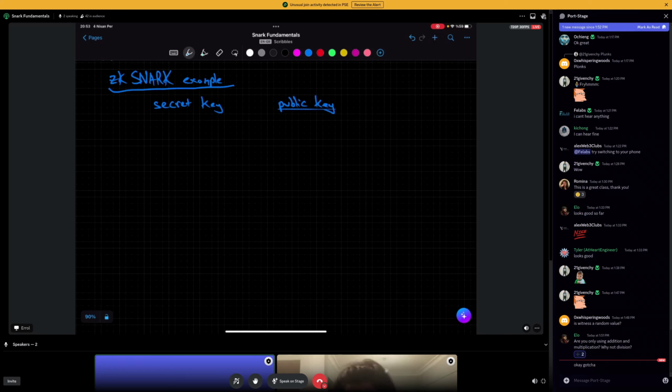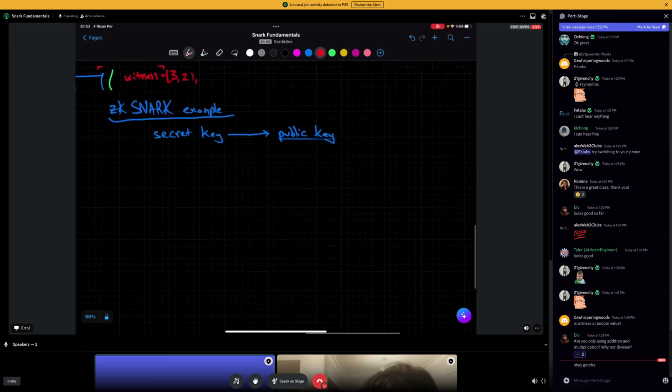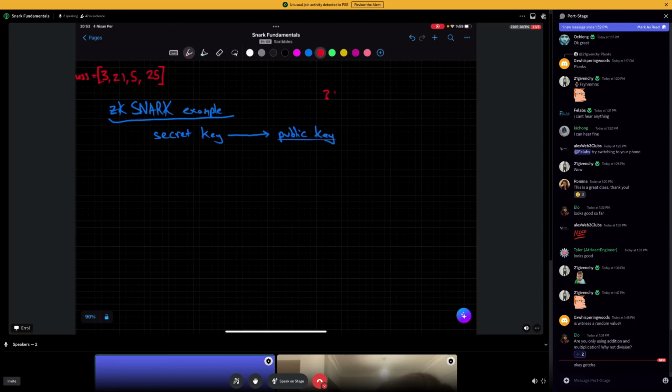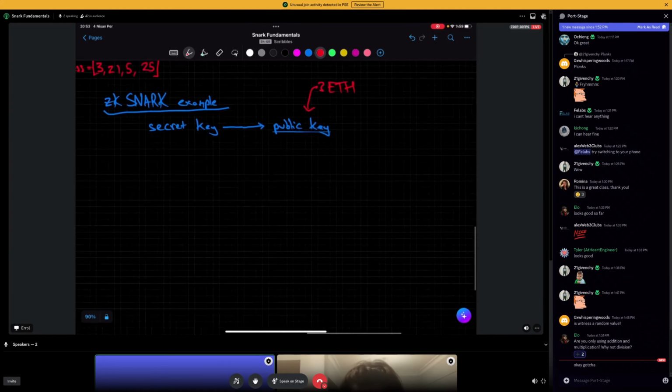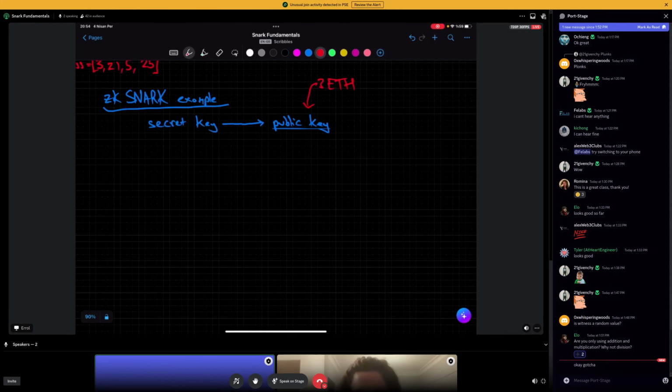The secret key can be used to make the public key. Right? We can go from the secret key to the public key. Now, the reason that when you have money in your wallet, it's associated with that public key, and the only reason why it's your money is because you know the secret key.